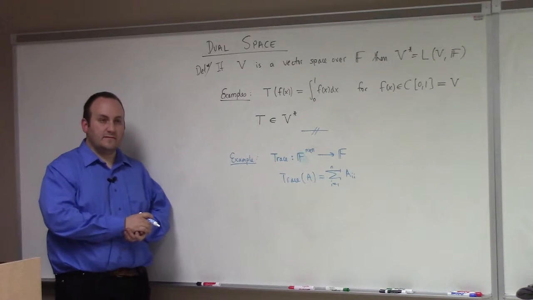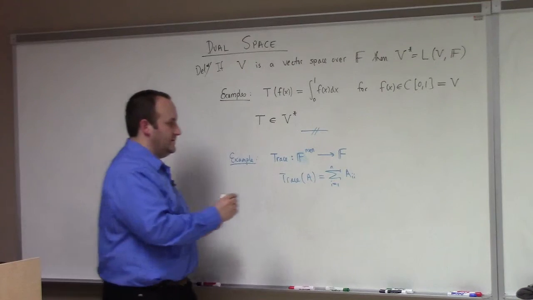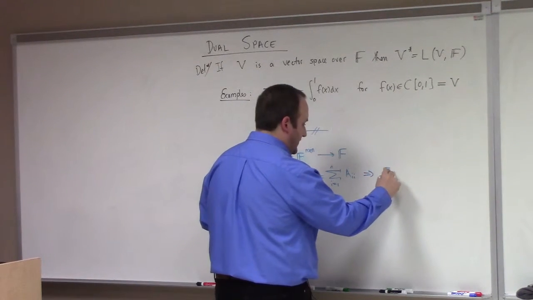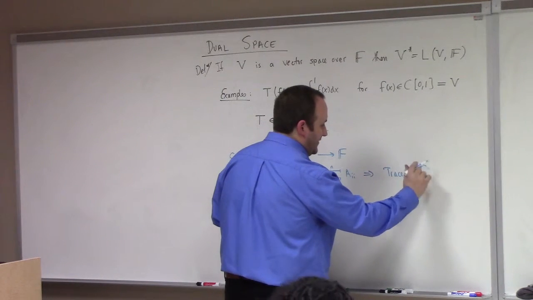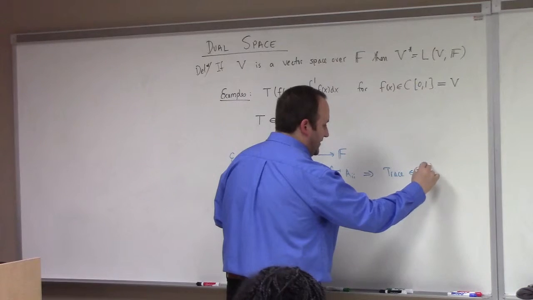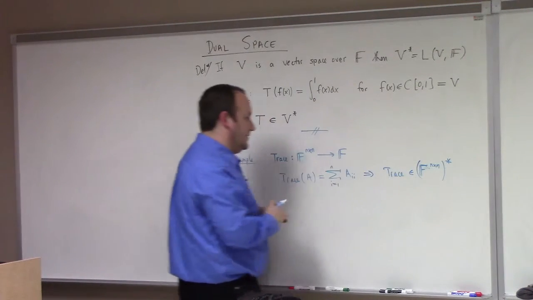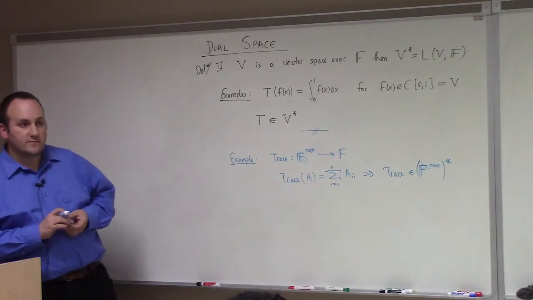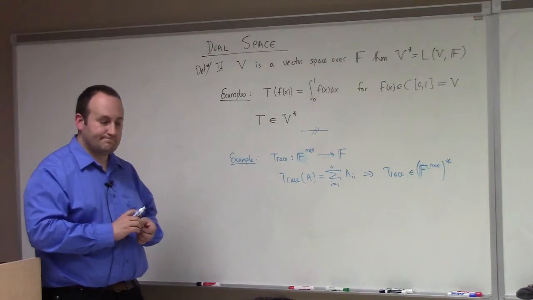That's linear, right? So the trace is an element of F n by n dual. Sometimes I'm trying to keep it real, other times I forget. So there we go. The trace is a so-called dual vector of the n by n matrices. All right.